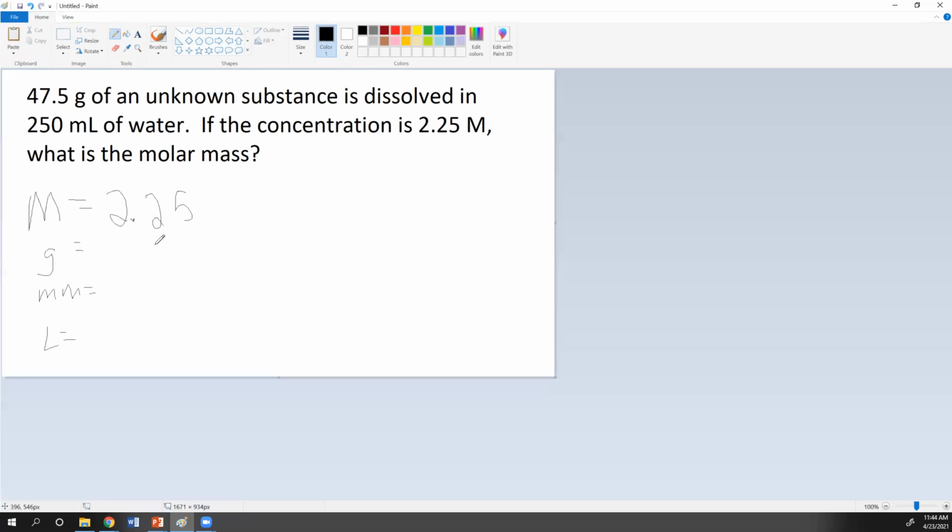What's my mass, my grams? 47.5. My molar mass is what I'm looking for. And what about my liters? 0.25. So to plug this into my equation, I have 2.25 equals 47.5 over X over 0.25.